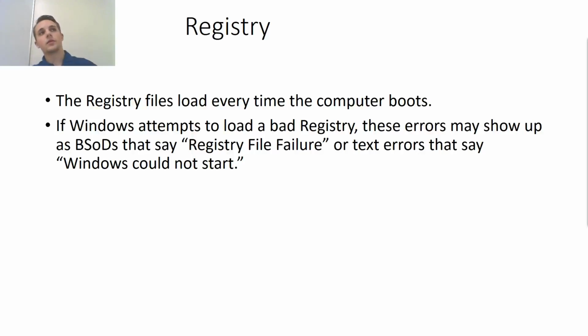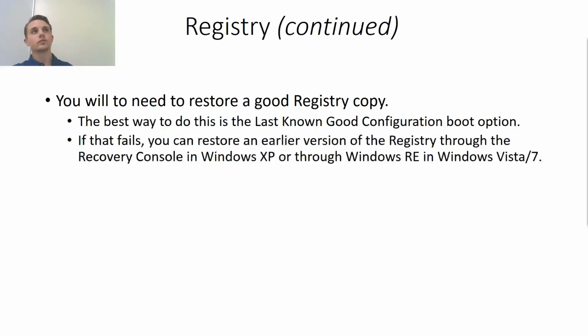This doesn't happen very often, but apparently it can, so know what this is. In the case that your registry gets corrupted, you're kind of screwed, unless you made a backup. But nobody backs up their registry because it's rare that it has issues.